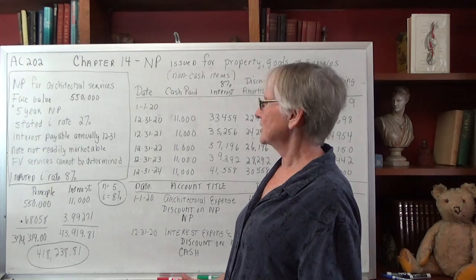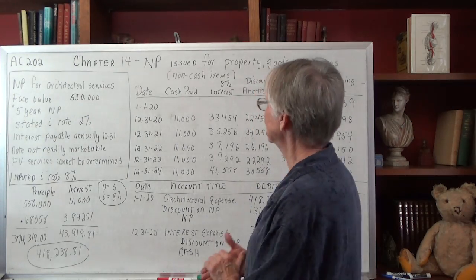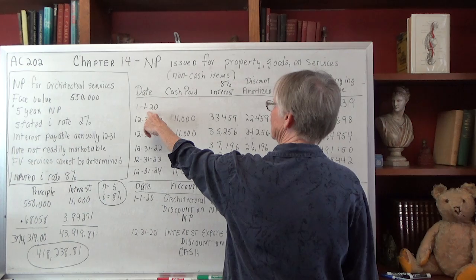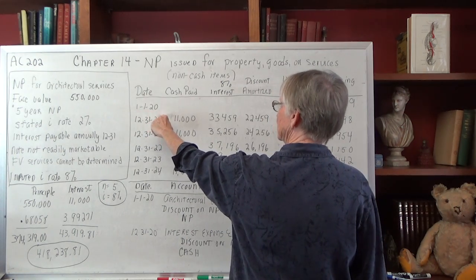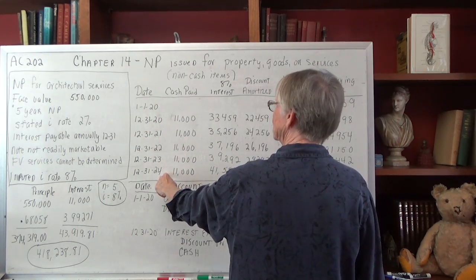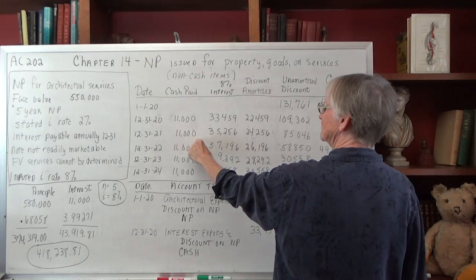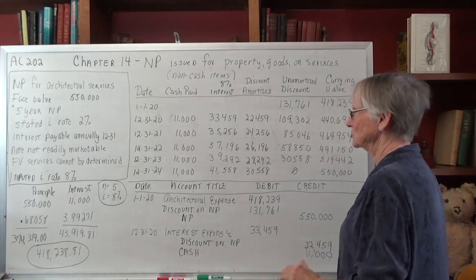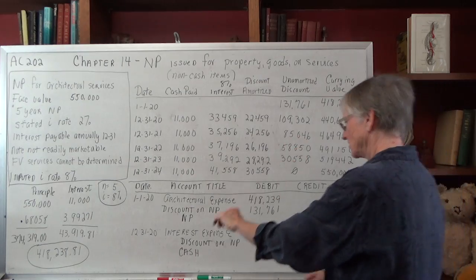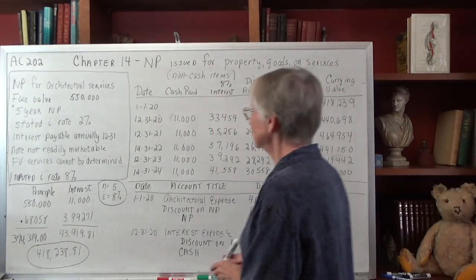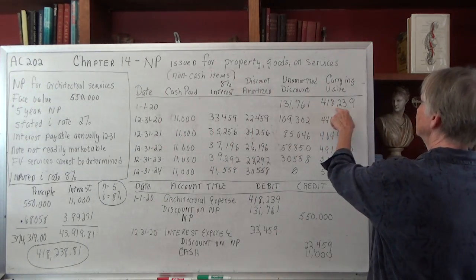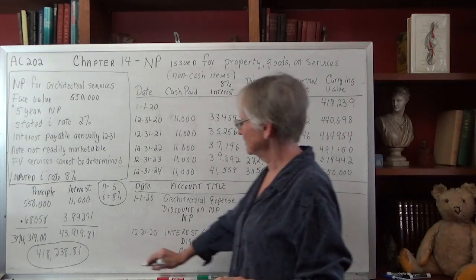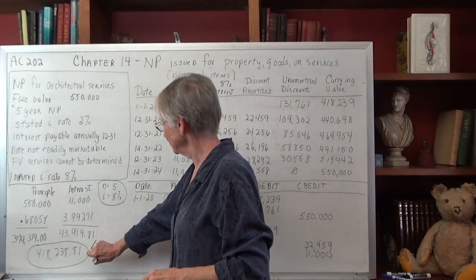Okay, so what do we do with that? We go set up our table. All right, so we get the dates involved. Here's the date the note is taken out. Here's the end of year interest payments each year. We get 5 interest payments. We figured that amount out, so that's easy to plug in. We start off up here with the carrying value of the note starts at that $418,239 that we computed down here.